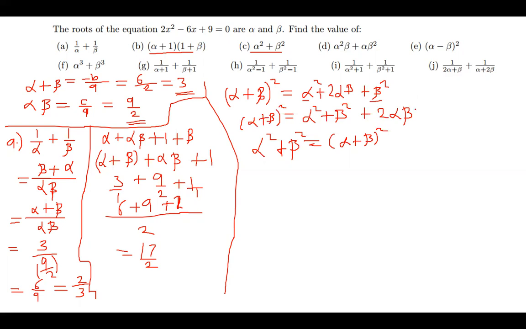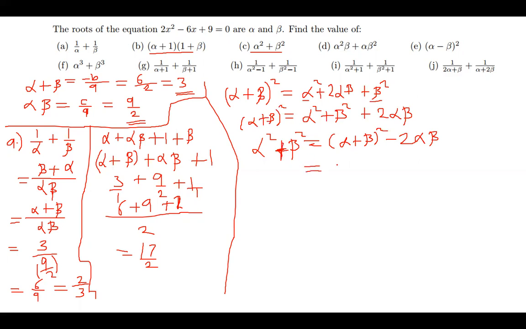When this 2 alpha beta goes to the other side of the equal sign, it will become negative 2 alpha beta. So we now have our alpha and beta there. So you can see how I have derived this expression.